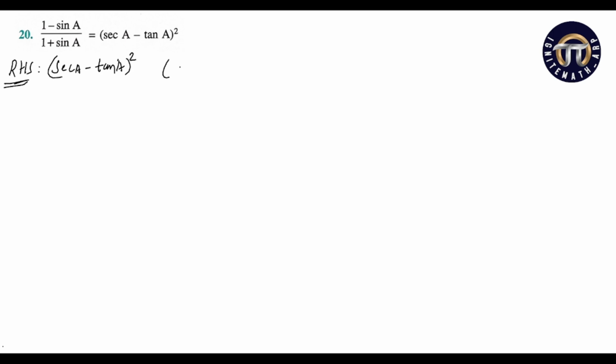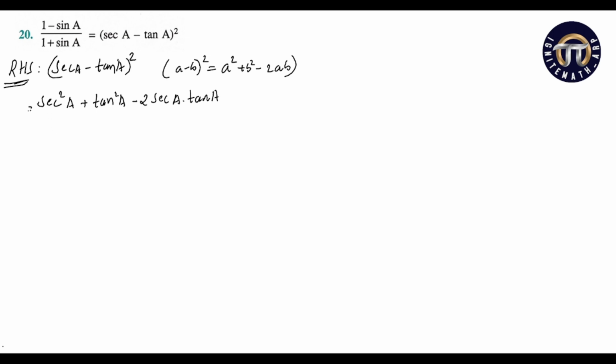So now this looks like the identity a minus b the whole square. A minus b the whole square is a square plus b square minus 2ab. So I can simplify this using that identity: secant square A plus tan square A minus 2 secant A into tan A. Clear, children?